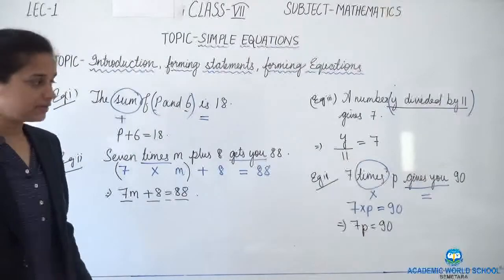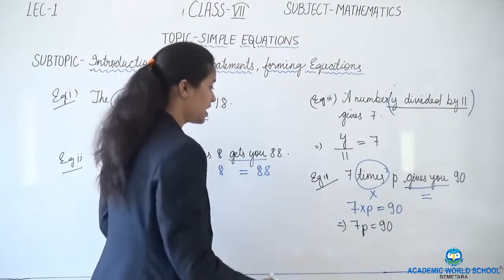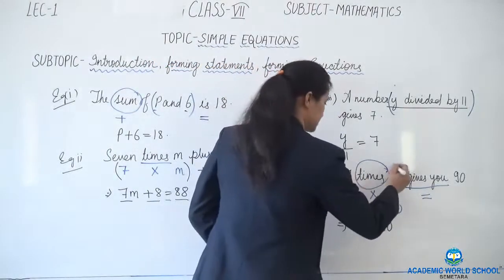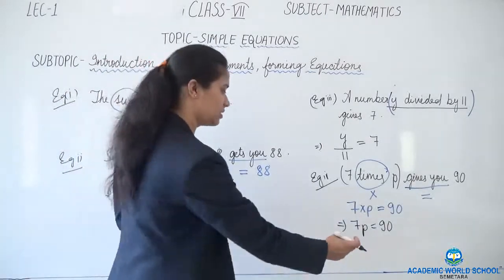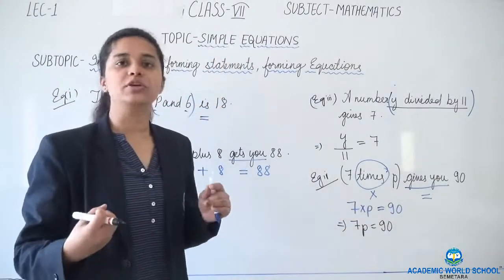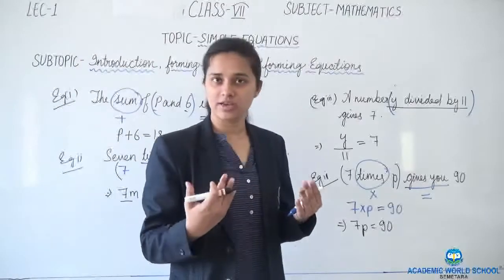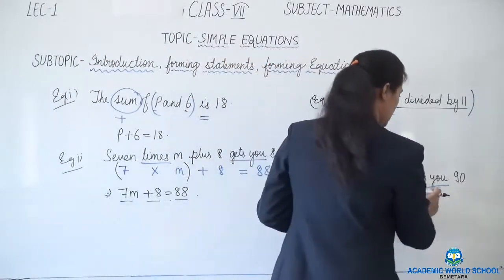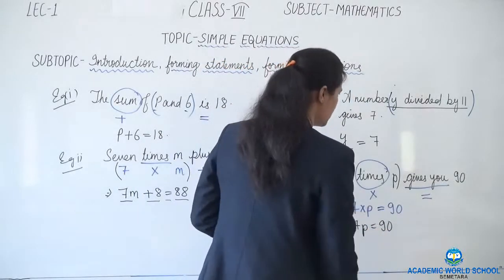Cross check the statement and the equation. 7 times p means 7 into p is 7p. Gives you equals to 90. So 7p equals to 90.